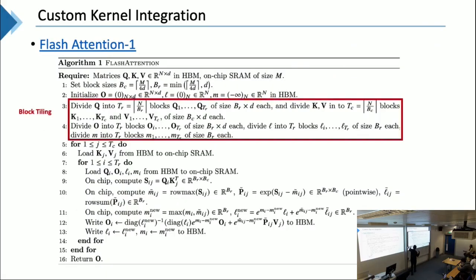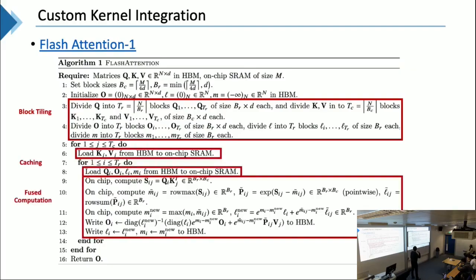So as I said, first you need to do this block tiling, which blocks your matrices into multiple blocks. And as I said, you need to do caching. In the outermost loop, we first cache KV blocks. And then we iterate through the query blocks and the output matrix blocks.